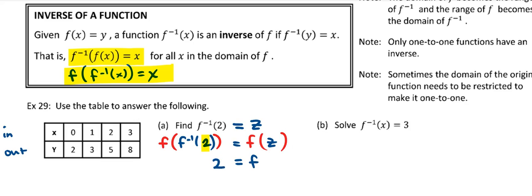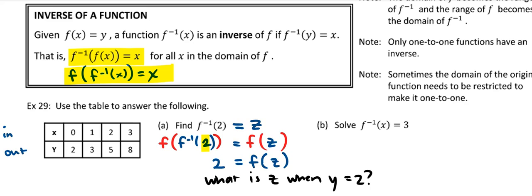Now it's a little nicer to read if I ask myself, what is z when y equals 2?